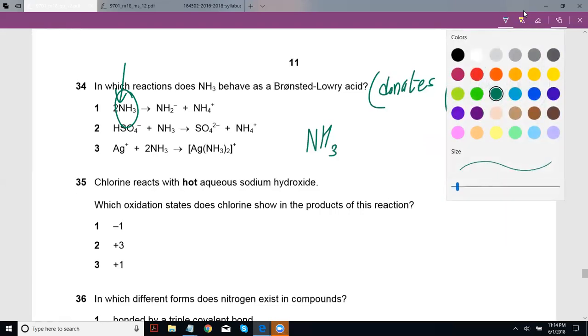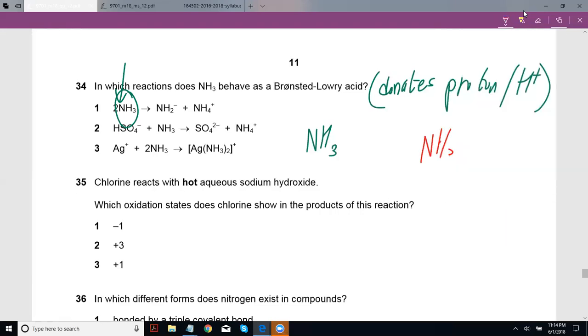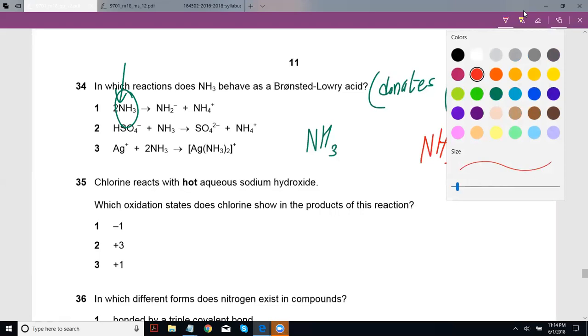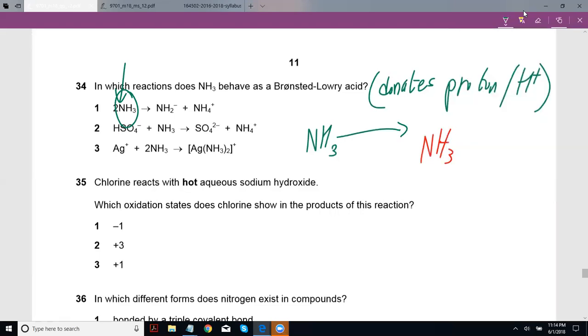You have NH3, and now one NH3 goes away and forms NH2 negative, and the other forms NH4 positive. So in a way, one of the NH3s has at least donated H positive. So we can say that NH3 does behave as an acid in this case. One NH3 is behaving as an acid.